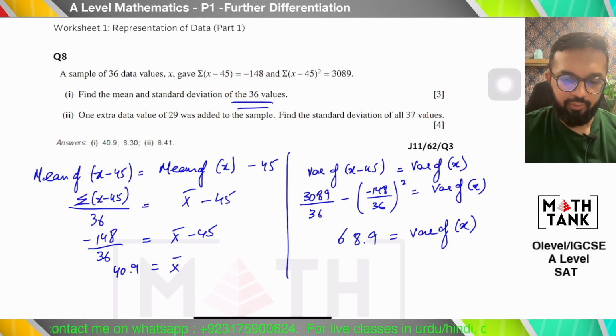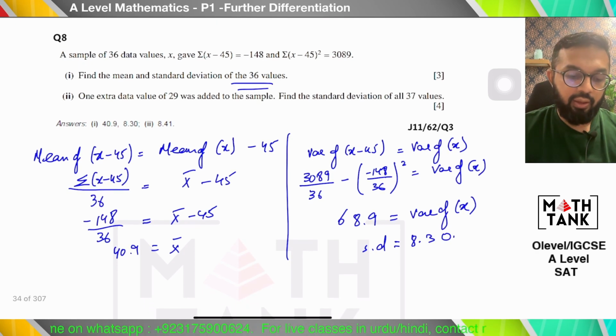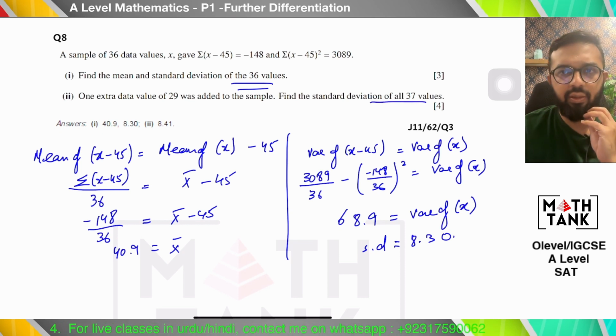Okay, standard deviation should therefore be 8.330. One extra data value of 29 was added to the sample. Find the standard deviation of all 37 data values.